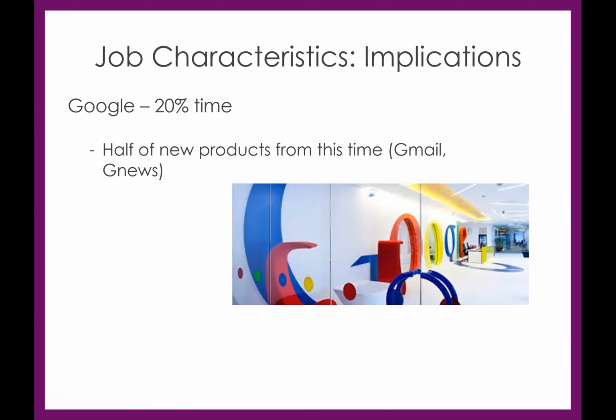During this time, employees do not have to do their routine job. Instead, they can use this free time to think of and develop new products. And we found that half of the new products from this company are produced from this 20% free time, such as Gmail.